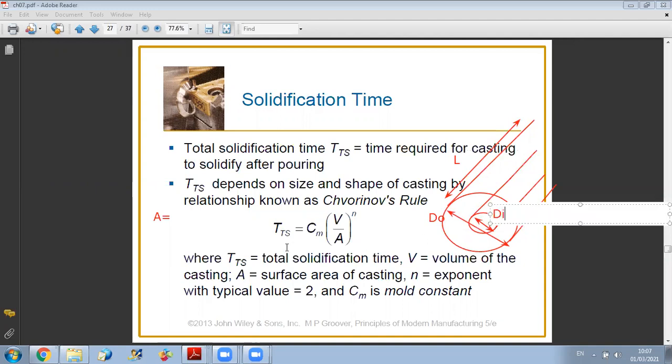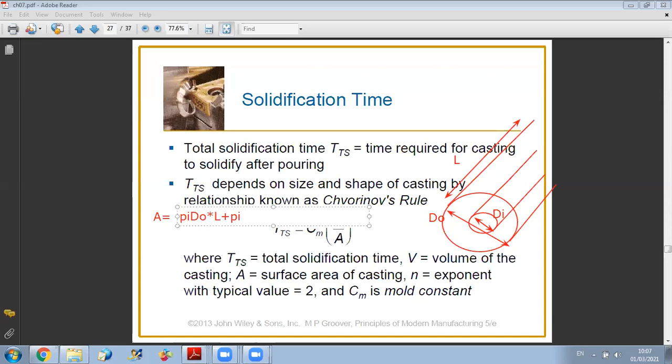Then the total surface area is pi times d outer, which gives us the perimeter of the circle, and then we multiply by the length. In this way, we get the outer surface area. Now for the internal surface area, we should add plus pi d inner times L.